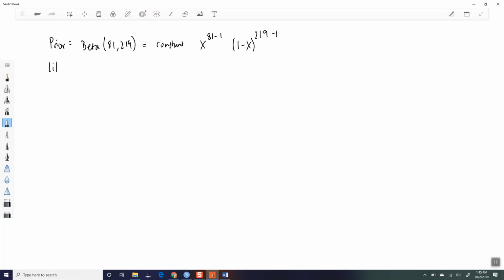And then the likelihood is we have 42 hits and basically 58 misses. So that's going to be x to the 42, 1 minus x to the 58.